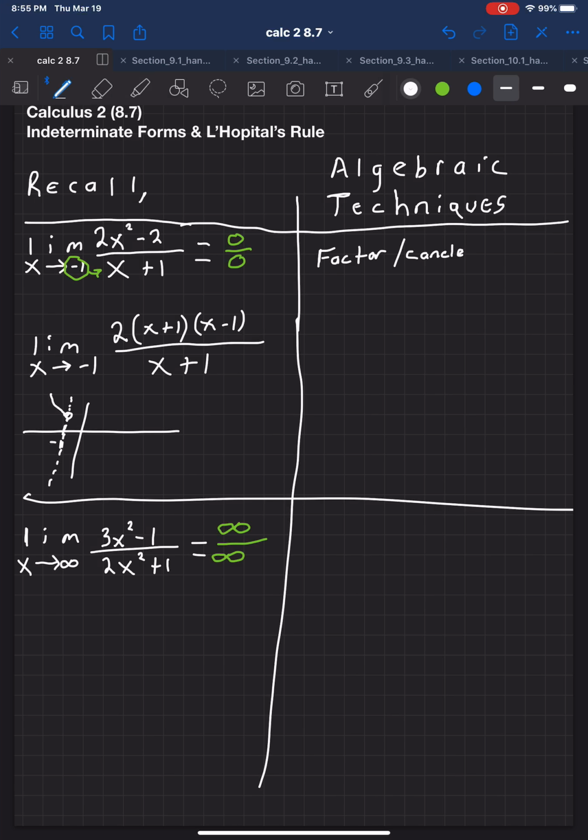That's getting a little bit cluttered, so let me try that again. Either you have a vertical asymptote or you have some type of hole that is in your graph.